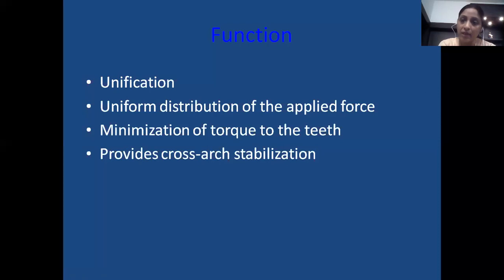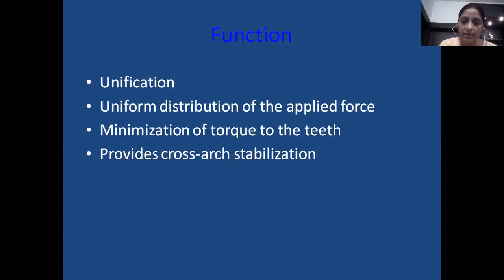If only one side of the prosthesis is getting force, then that bone or that mucosa will be harmed. There will be more resorption on that part of the denture bearing area. So to avoid this, we want uniform distribution. So with the help of major connector, we can achieve this uniform distribution of the force which is applied to the prosthesis.